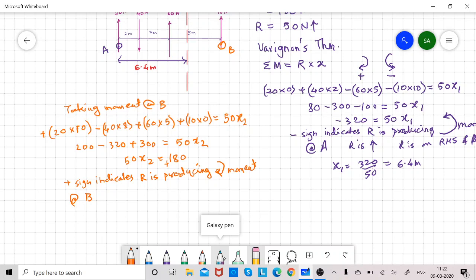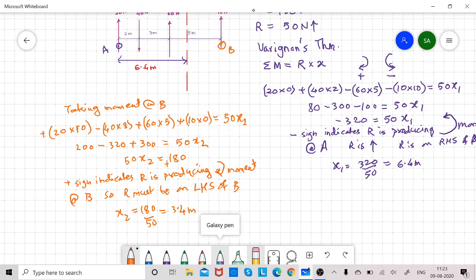So R must be on the LHS of B to produce clockwise moment because R is upward, and therefore x2 is equal to 180 divided by 50, that is 3.4 meter.